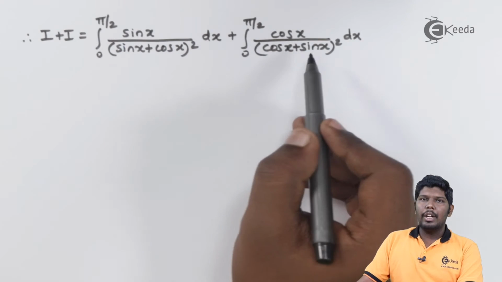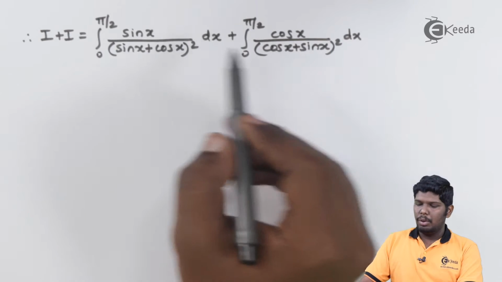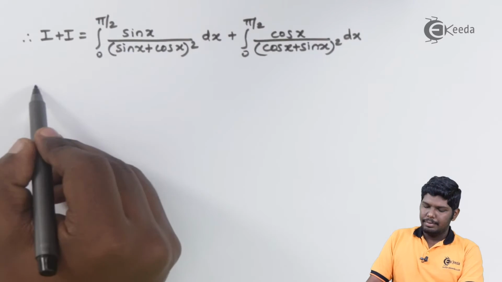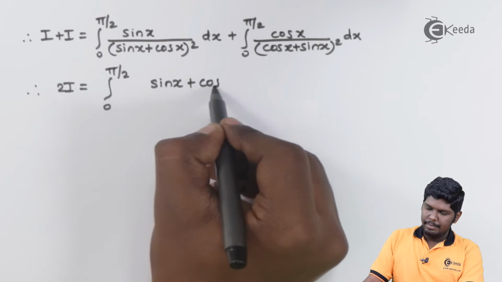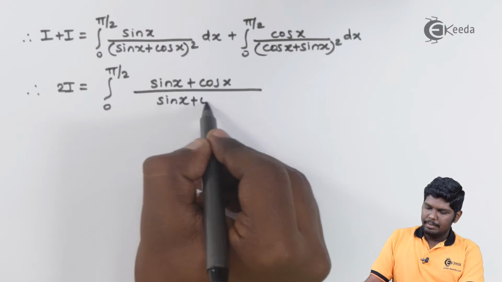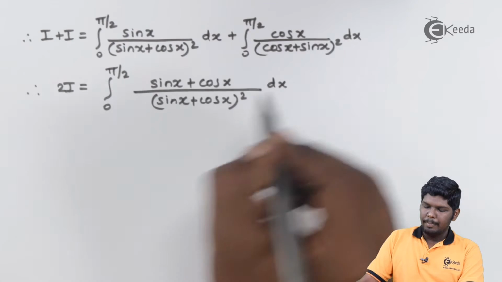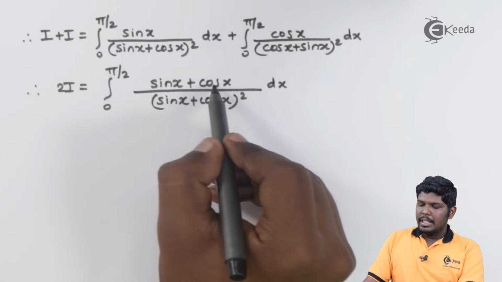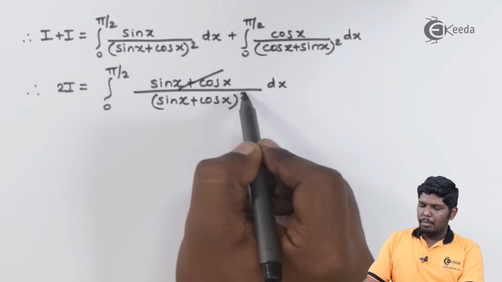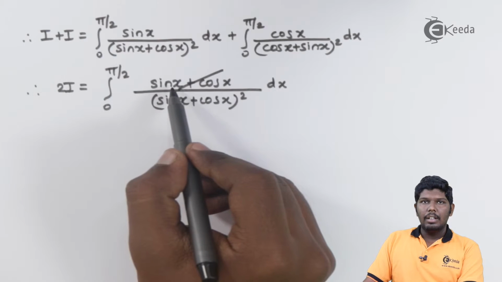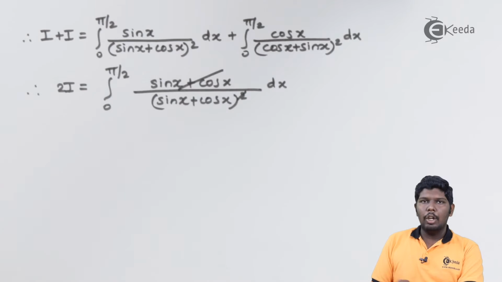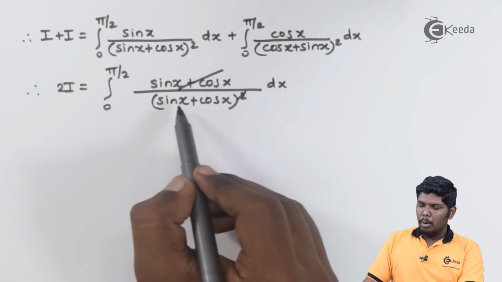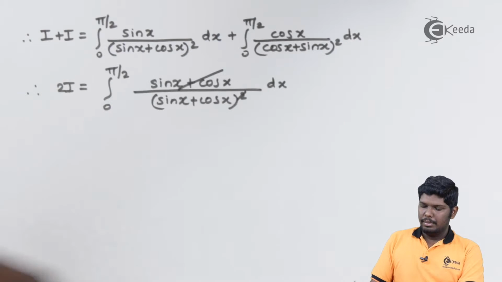As you can see, the denominator of both the integrals is same. Therefore, we can directly add the numerator. Here, one (sin x plus cos x) will be cancelled from numerator and denominator, and 1 upon sin x plus cos x will be left.